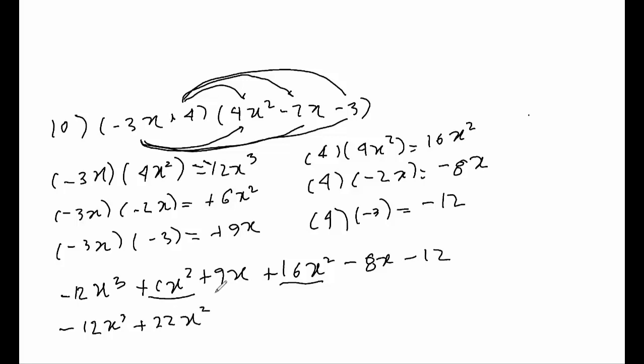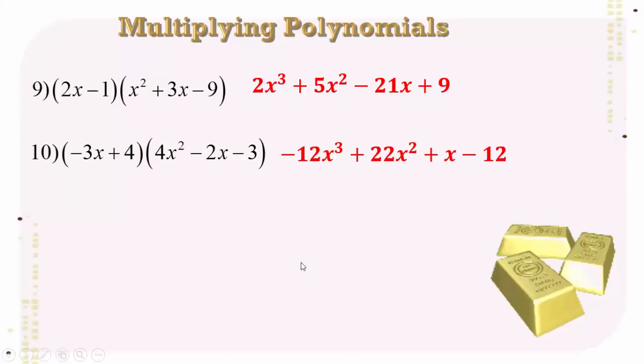We have the x's, 9x and negative 8x, so that gives us plus x. And then finally the negative 12, and this is our final answer. And we found after we have worked it out that we got negative 12x cubed plus 22x squared plus x minus 12.